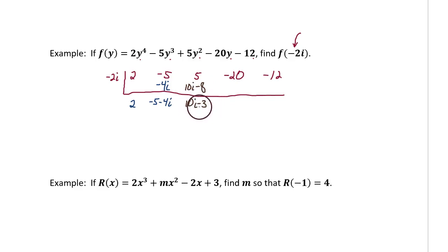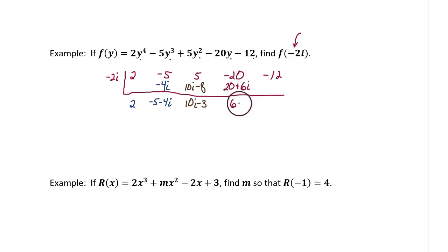Now multiply the 10i minus 3 to the negative 2i. 10i times negative 2i is negative 20i squared. But i squared is negative 1, so negative 20 times negative 1 is positive 20. Negative 3 times negative 2i is positive 6i. And then add these together. And those 20s are going to cancel out.